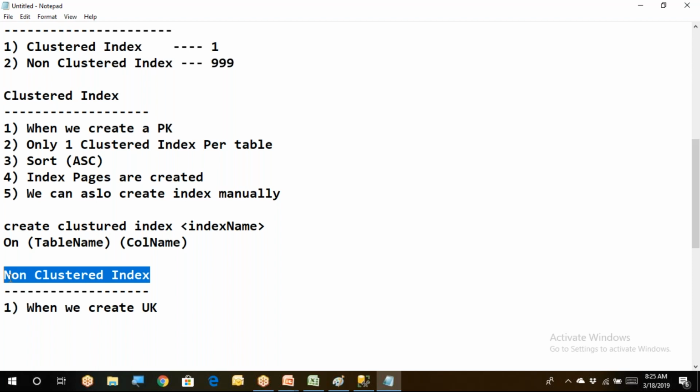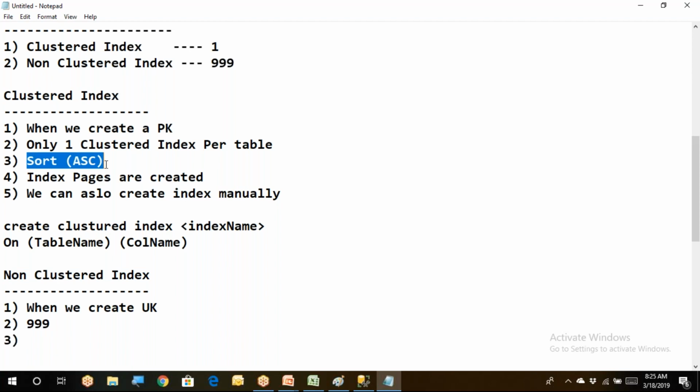I am also going to show that architecture. So there is only one clustered index, but you can have a total of 999 non-clustered indexes per table. It is not going to sort any data, because the data has already been sorted by the clustered index. It simply creates index pages, no sorting, nothing.